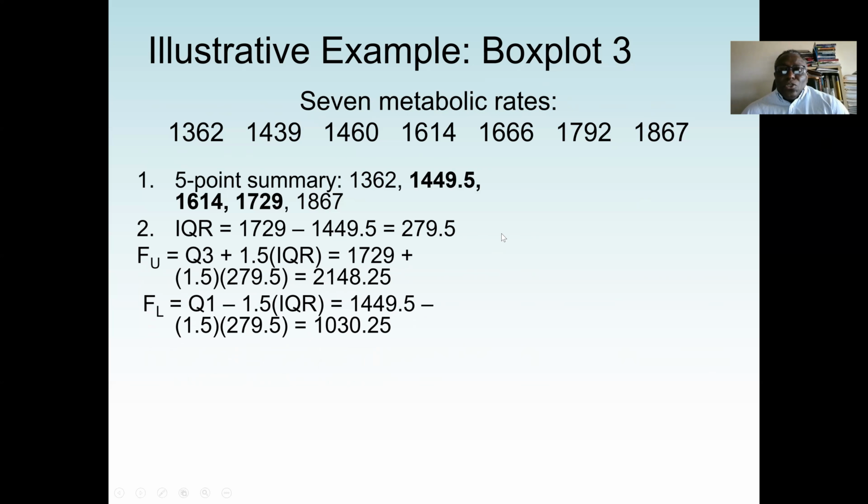So we get 1729 plus 1.5 times 279.5. We do our calculation and get 2148.25. The lower fence will be Q1 minus 1.5 IQR. So 1449.5 minus 1.5 times 279.5, and that gives us 1030.